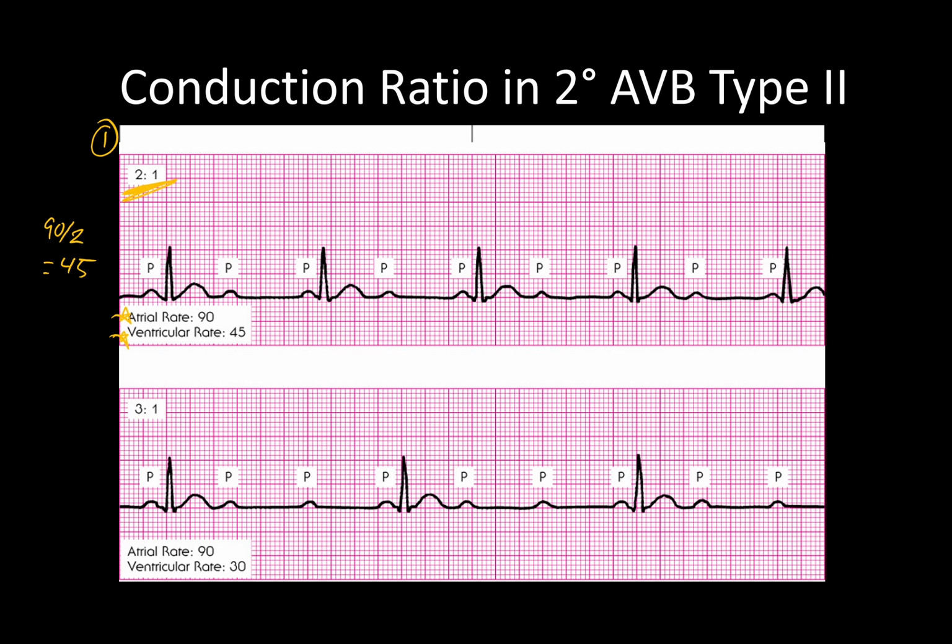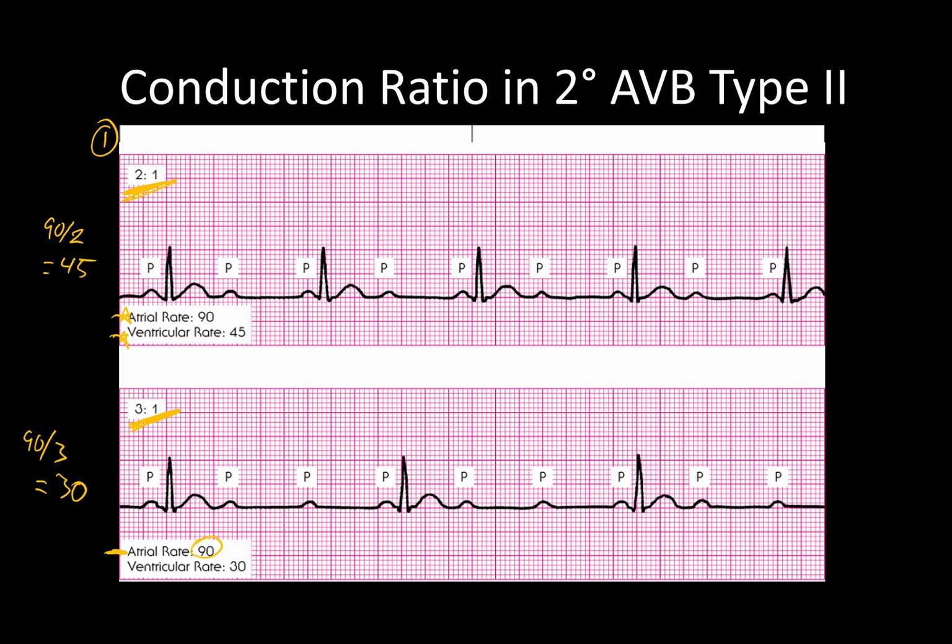So now that you've seen a second degree type 2 2-to-1 conduction, what's next? A 3-to-1. And so this strip here, 3-to-1 conduction ratio, you have essentially the same scenario where you've got an atrial rate of 90. However, only 1 out of 3 beats is conducted properly. So you now are taking 90, dividing by 3, and that creates a heart rate of 30, doesn't it? And that makes a lot of sense.